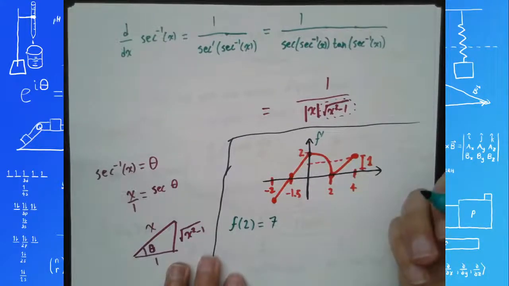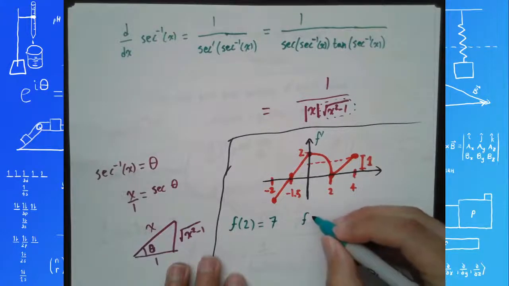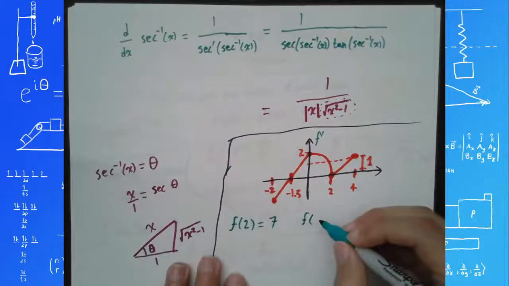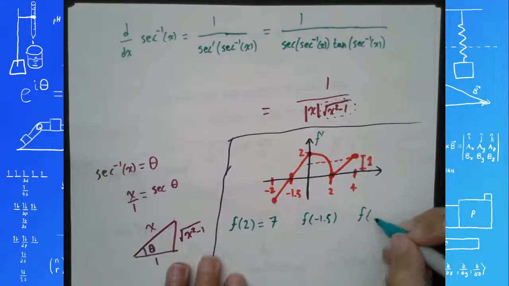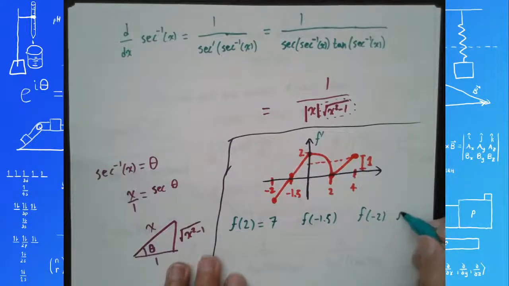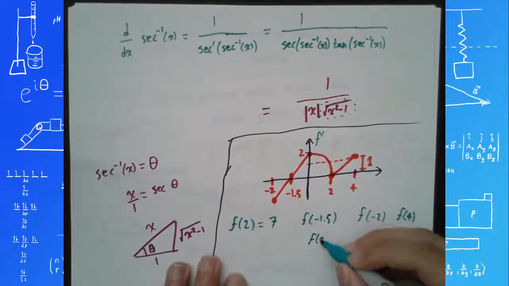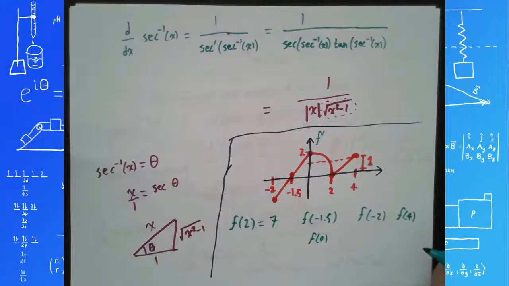And they will ask you to come up with f of -1.5 and f of -2 and f of 4 and I guess f of 0. So that's something they could ask you.